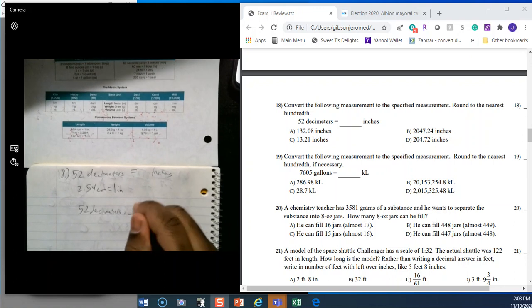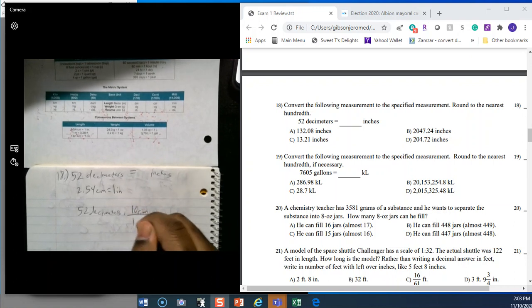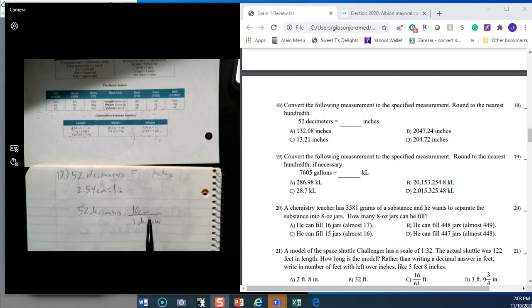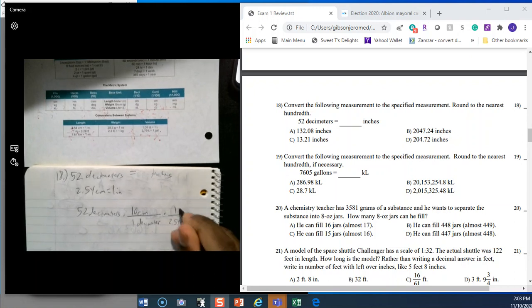So it takes 10 centimeters to equal 1 decimeter. Now this would change this from decimeters to centimeters. Then we would need to change the centimeters to inches. So we would have 2.54 centimeters is equal to 1 inch.